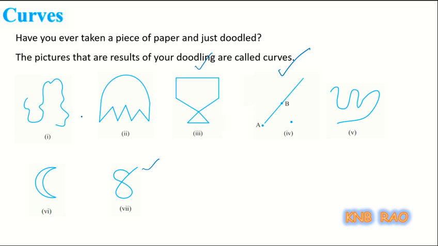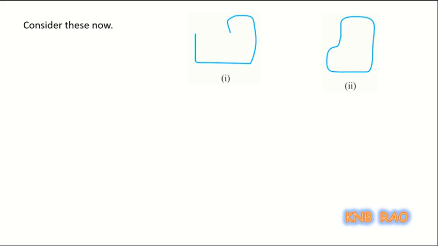And next, I am going to give you two more. Consider these, one, and second this. Do you find any difference between them? What is the difference between these two?